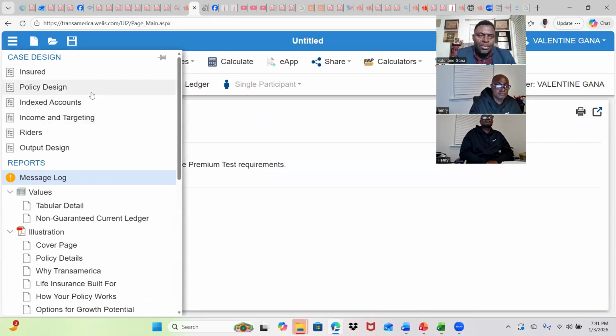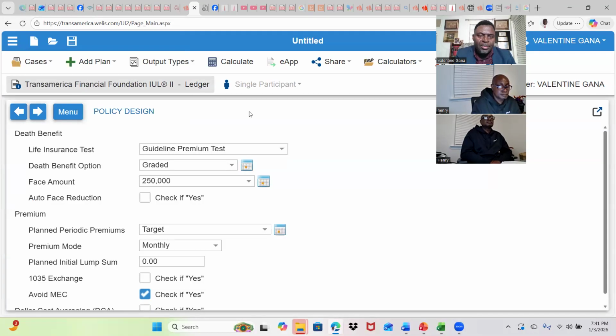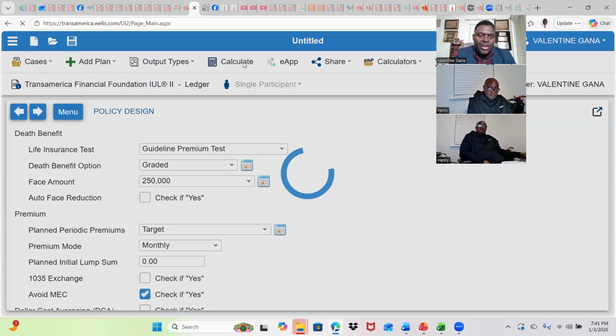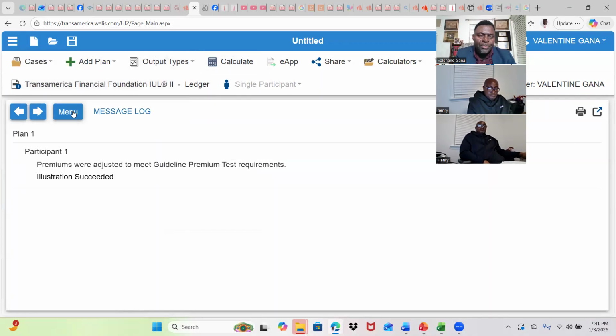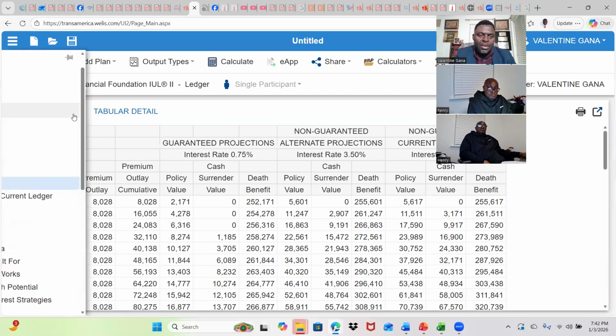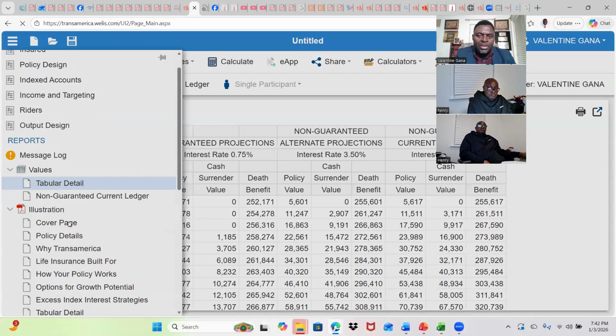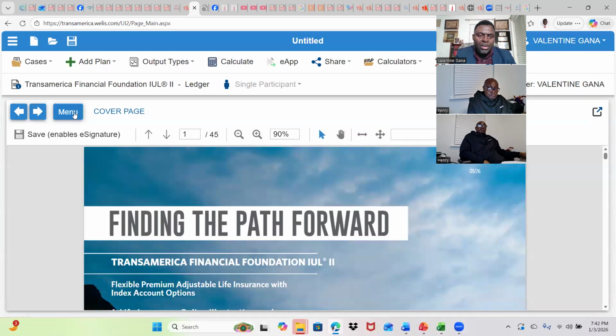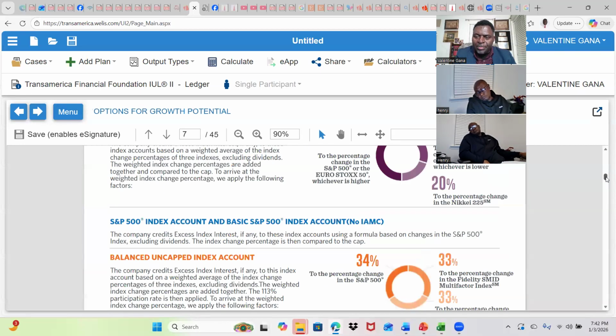Do menu, policy design. Oh no, we want to do calculate and go look at the cover page. Okay, so let's scroll down to our need report.